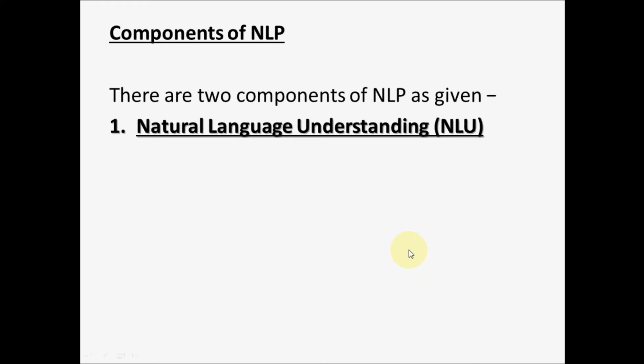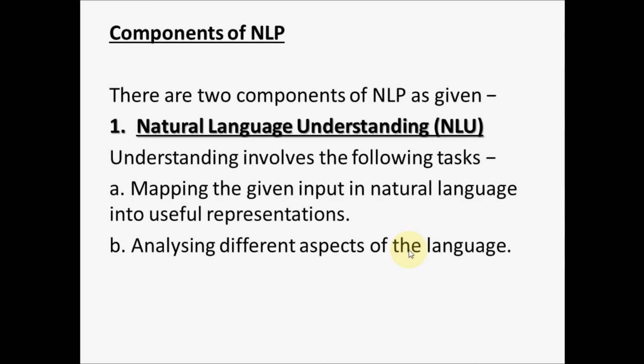Now there are two components of NLP. The first component is called as natural language understanding, or NLU. Understanding basically involves the following tasks. First, mapping the given input in natural language into some useful representations.